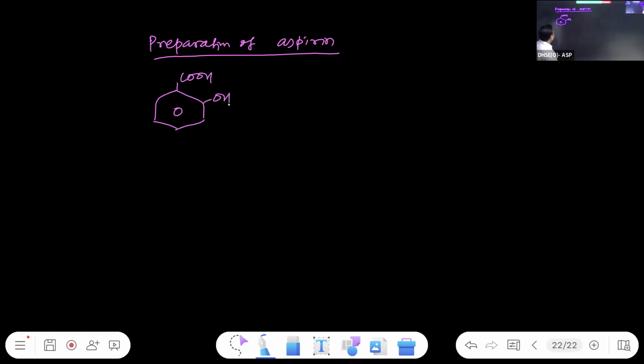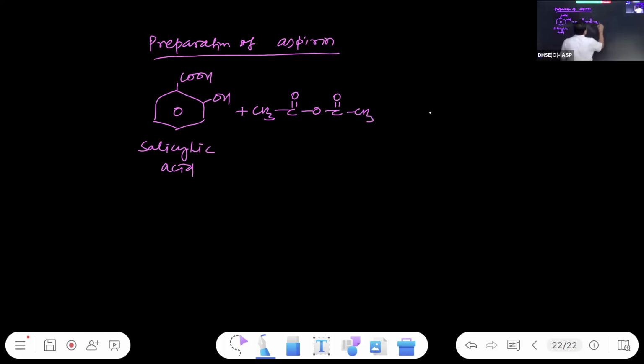You can say 2-hydroxybenzoic acid, or the common name is salicylic acid, and salicylic acid is widely accepted. What will be the product? Right, similar reaction. What will be the product?